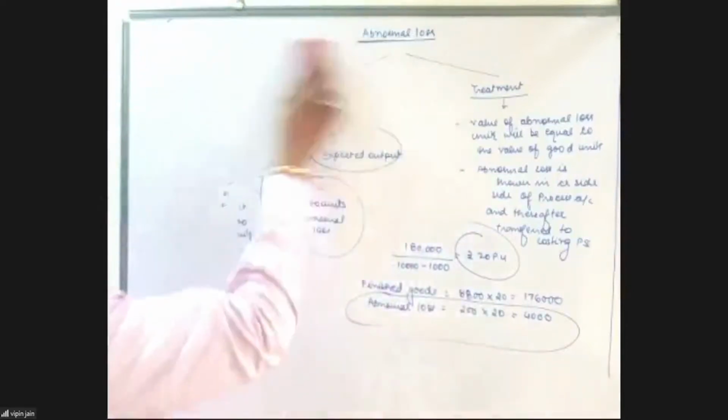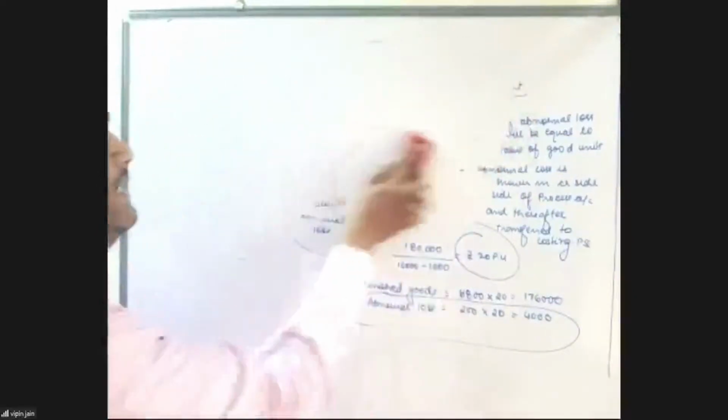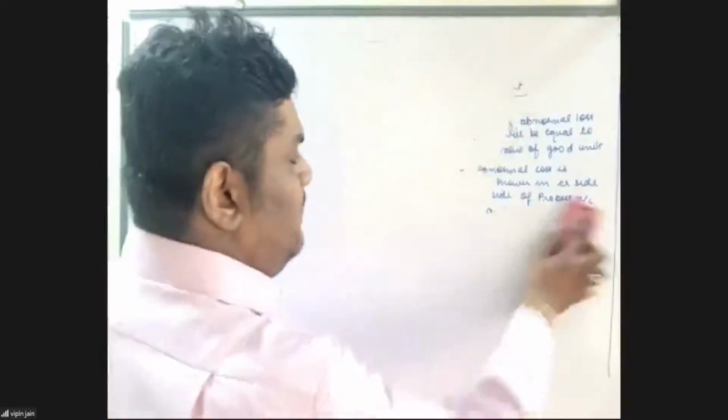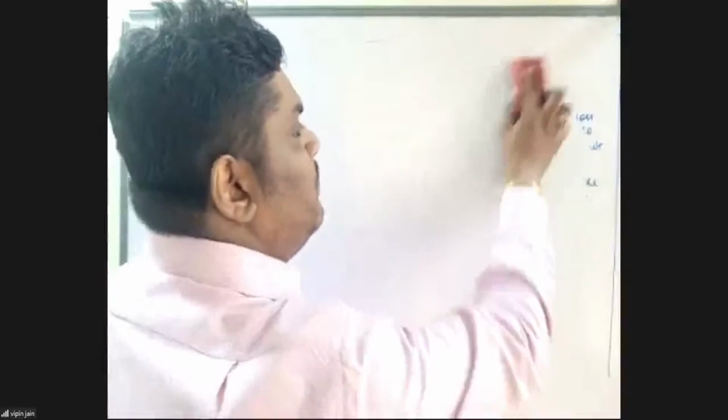So let's start with a question wherein we'll be discussing the concept of abnormal loss. I'm discussing example number 3 of my material, that is abnormal loss and abnormal gain.